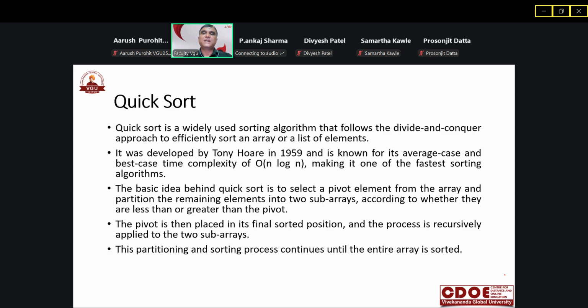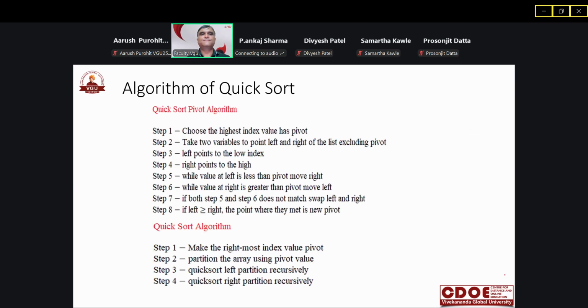The main idea is that the pivot element must be placed at its correct position, as it must be in a sorted array. This partitioning and sorting process continues until the entire array is sorted. It's a kind of unique sorting algorithm. Therefore, it is called quick sort.